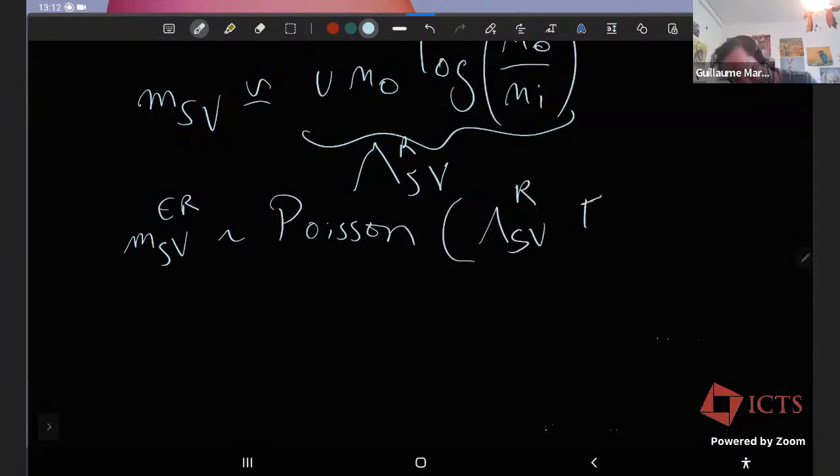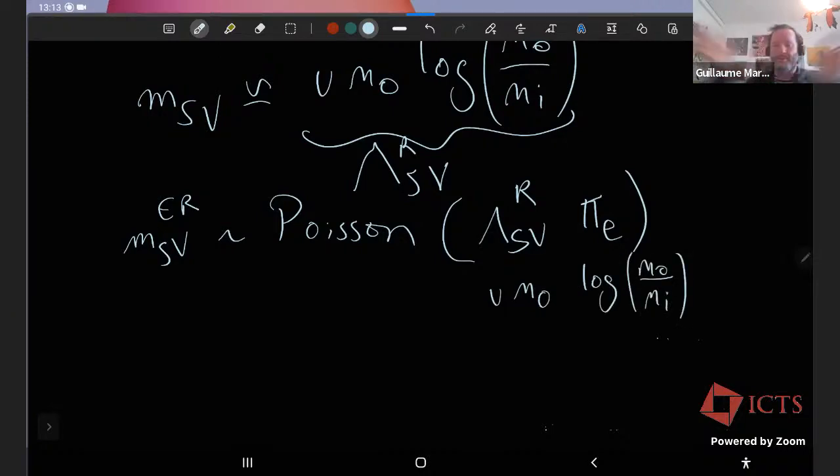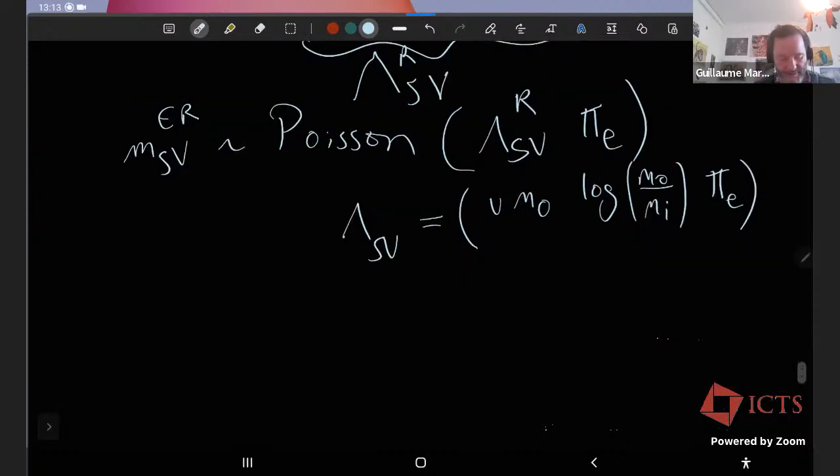So you multiply again by the probability of establishment. And so in the end, your rescue probability is given by U N0 log N0 over Ni, which is really by how much your population has increased before the stress, times the probability of establishment. And that's lambda SV. We have the same.